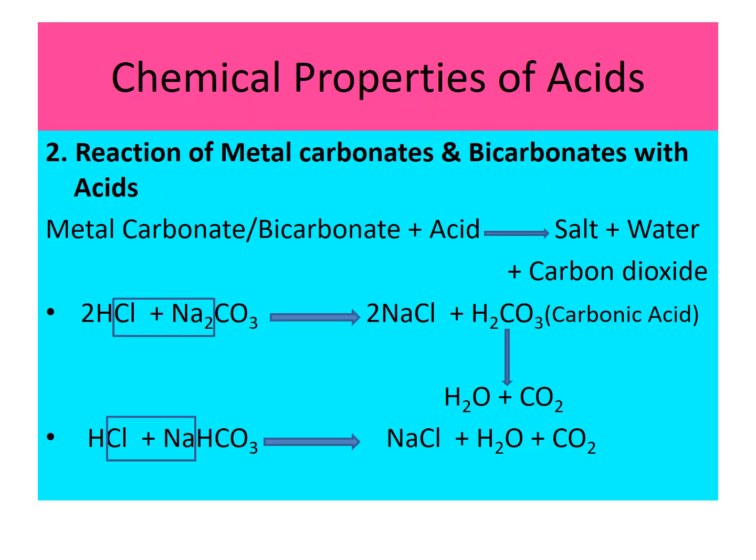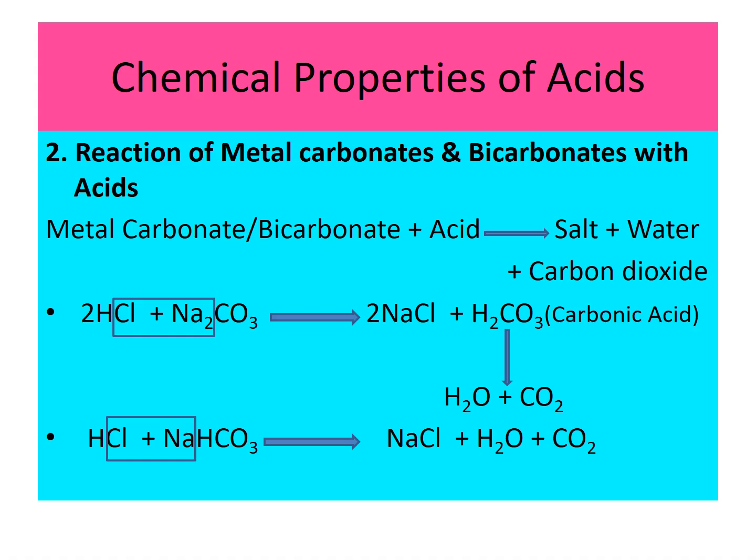Metal carbonates and bicarbonates react with acids, but how? Bicarbonates or hydrogen carbonates are the same. So metal carbonate or the bicarbonate react with the acids to release salt, water and carbon dioxide. For example, hydrochloric acid HCl reacts with the sodium carbonate Na2CO3.